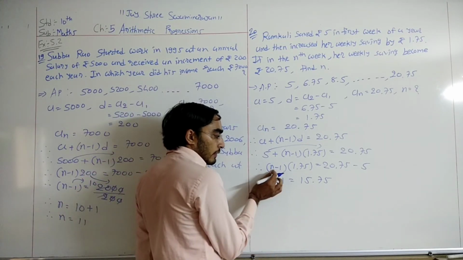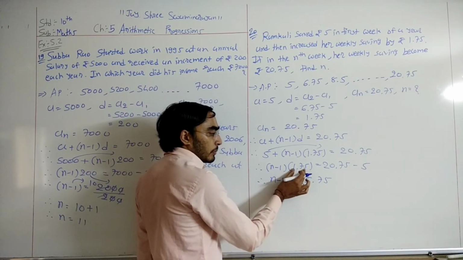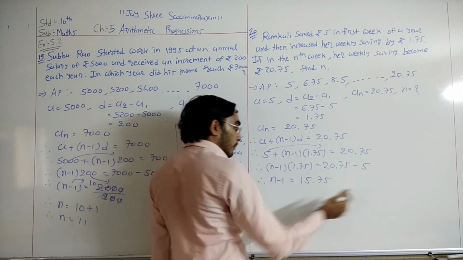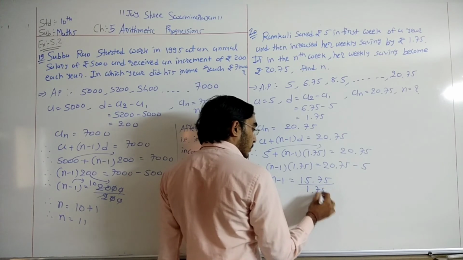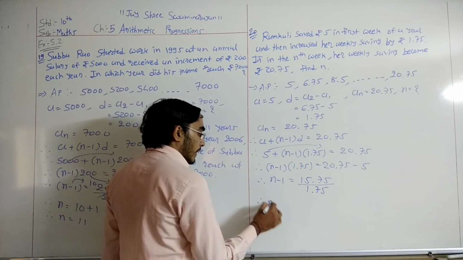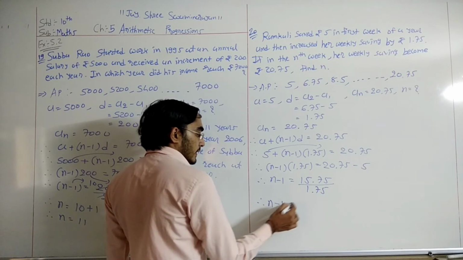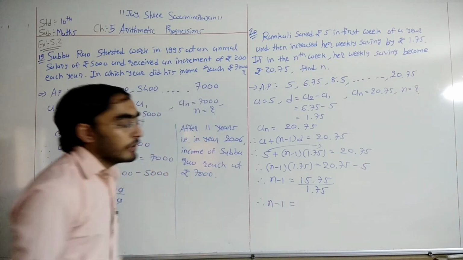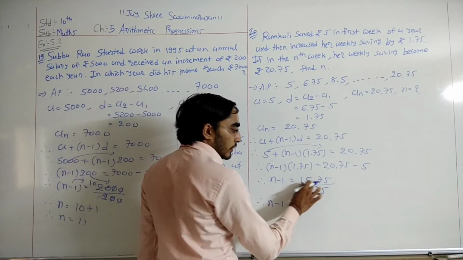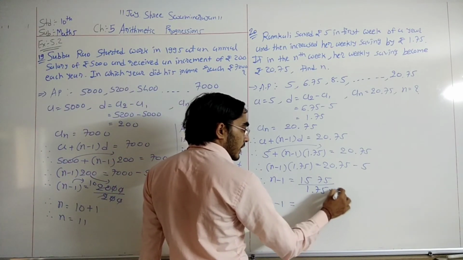And if we want to find the value of n, transfer this number to the right hand side. Right now it is in multiplication. If we transfer it to the right hand side, it goes to the denominator. So now we can find the value of n. First of all, do this division. If we want to remove the decimal point, we need to put 100 here.